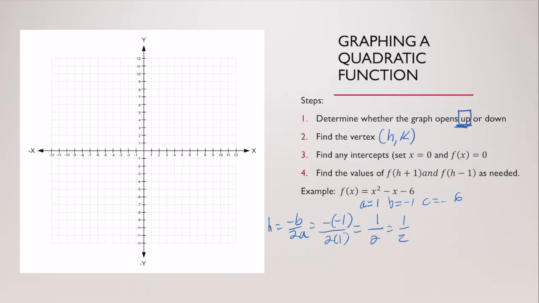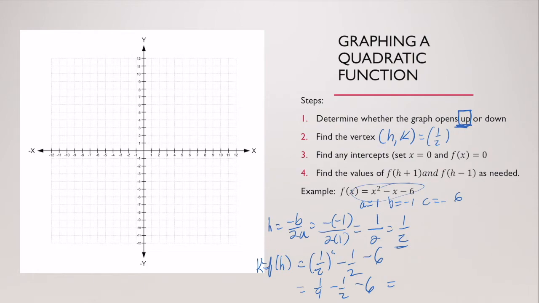Then I'm going to plug that in to my original function. So f of h is going to be my k. So I'm going to get 1/2 squared minus 1/2 minus 6 by substituting this in for x. So I get 1/4 minus 1/2 minus 6. Let's write all of these as fractions over 4.